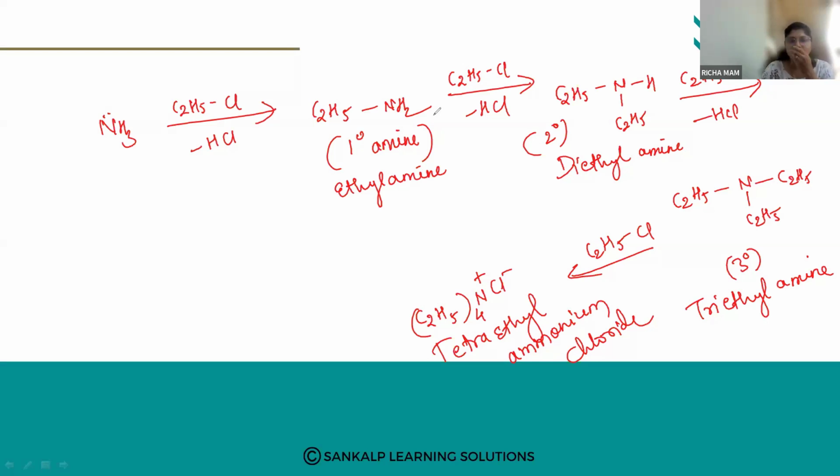If you are supplying only 1 mole of alkyl halide, you are going to get primary amine. If you are supplying 2 moles of alkyl halide, you are going to get secondary amine. 3 moles, tertiary. If you are supplying 4 moles, quaternary ammonium salt.